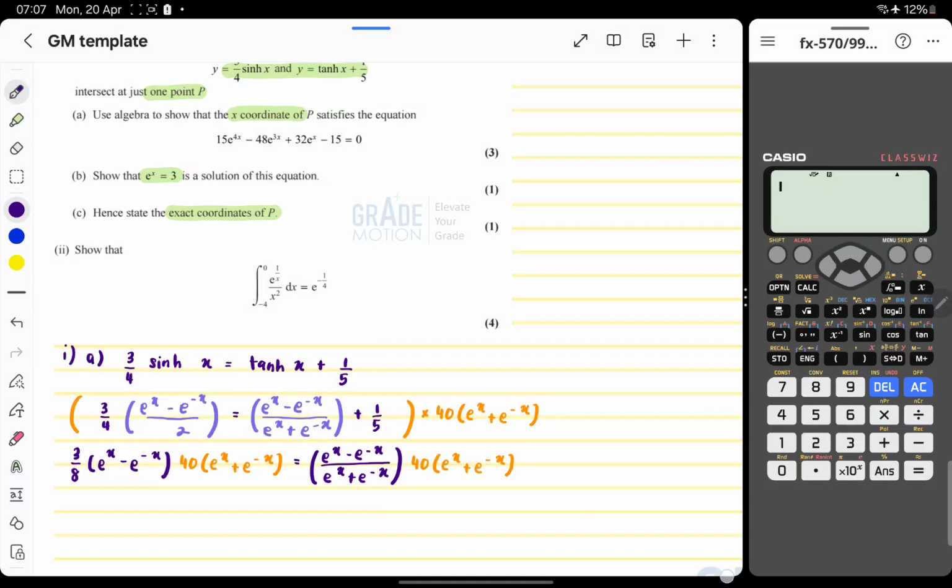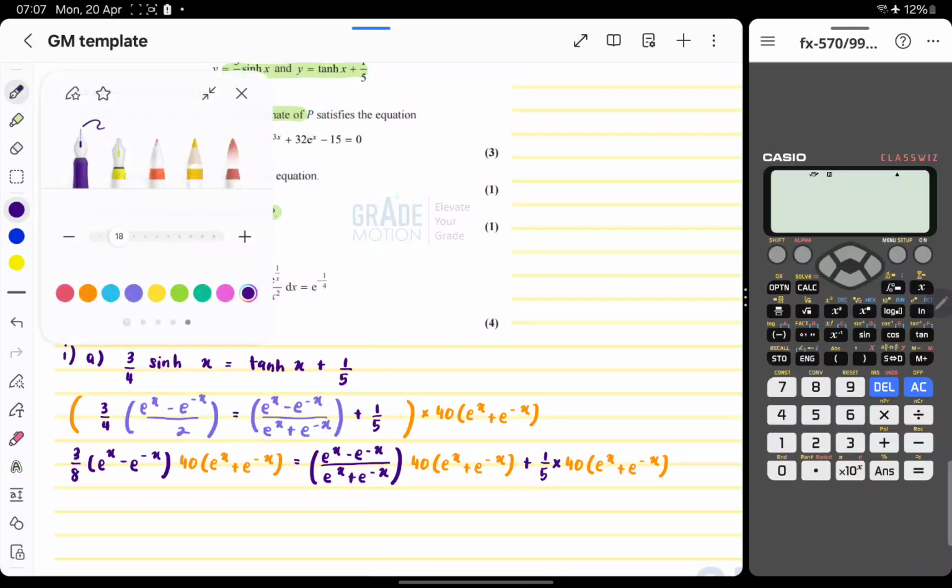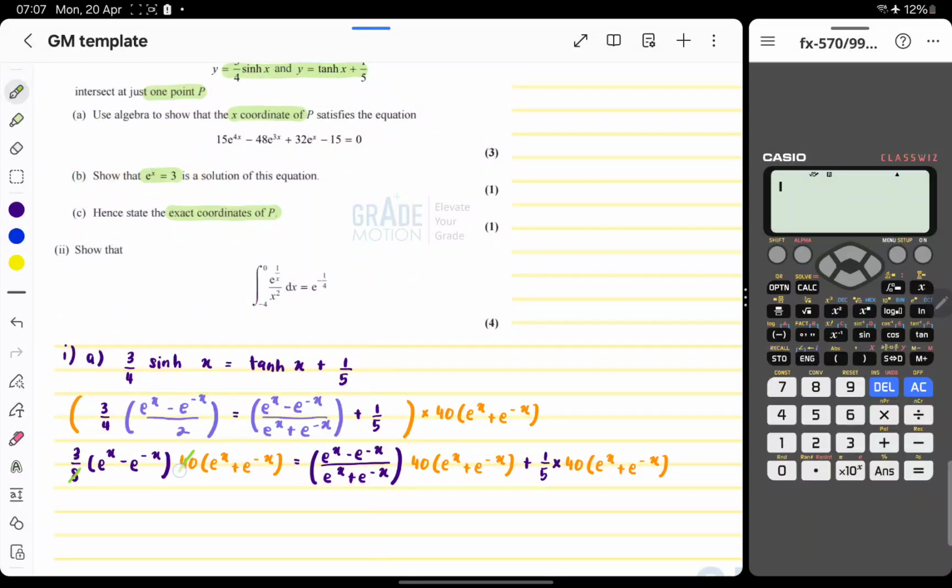Okay, so plus 1 over 5. Now let's paste that, multiply by 40 and e^x. Okay, let's simplify this equation wherever we can. So let's see, 8 and 40, that would be 5. So this and this will cancel each other, and this one will be 8.